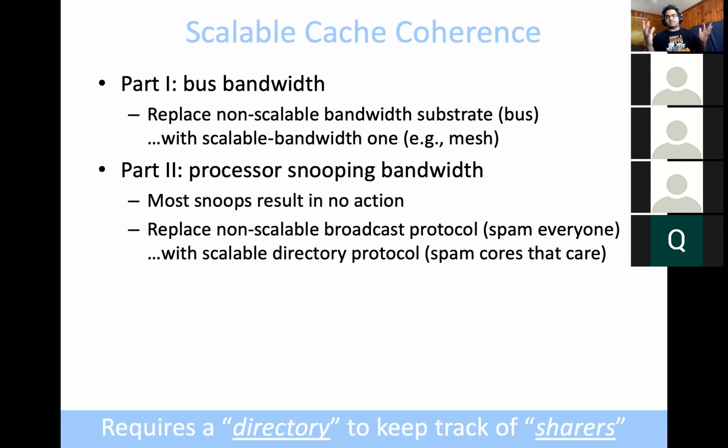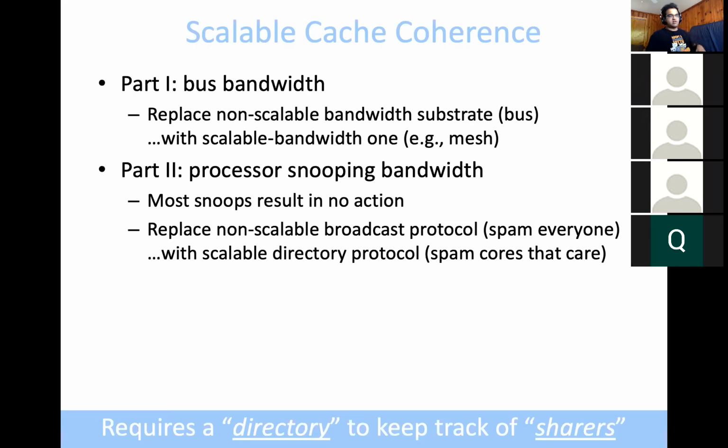They don't need to go to everybody, and they're still there. The snooping hardware is just sitting there listening to all this stuff that has nothing to do with it. So something you can change is to replace this non-scalable broadcast protocol, which is to spam everybody, with a scalable directory-based protocol, which only spams those cores that care.